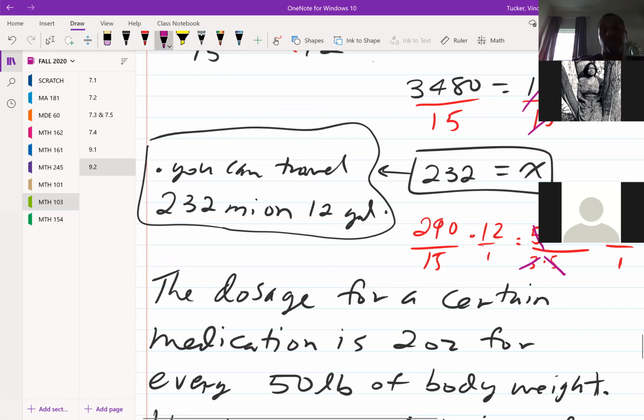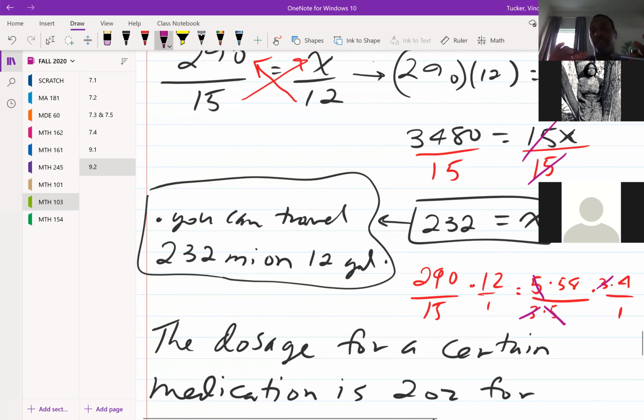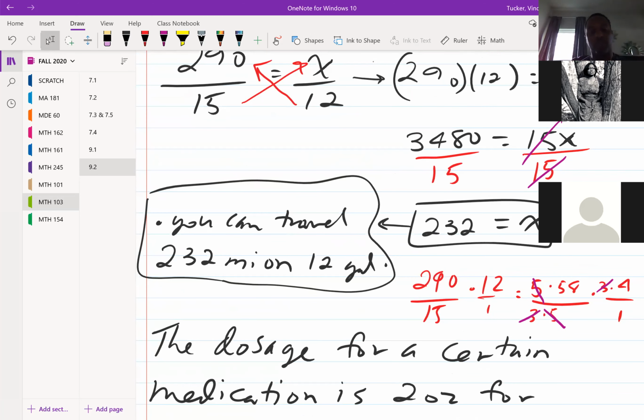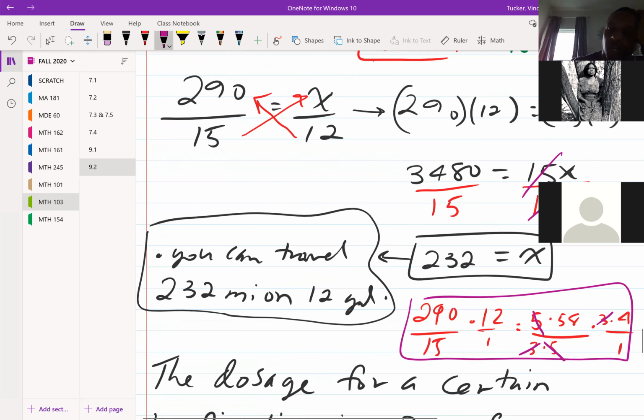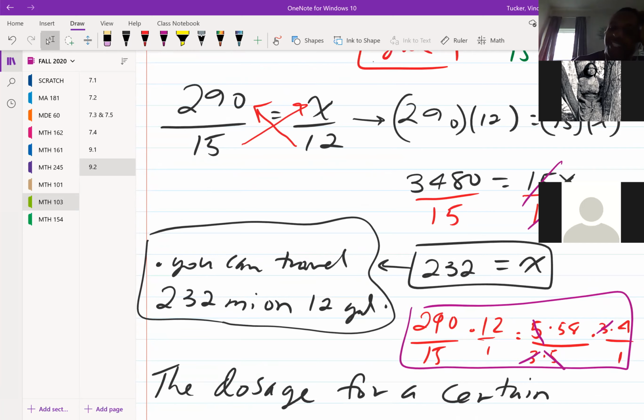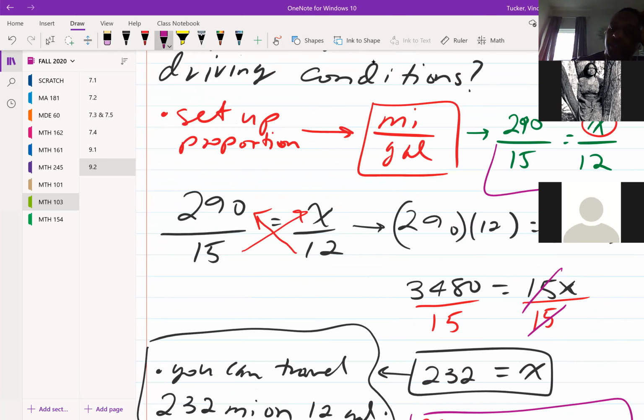So this way would actually give that process an opportunity to occur. You see what I mean? This process wouldn't occur if you divide that 290 by 15 before you multiply by 12. So like I said, doing it this way will ensure that if you're going to get the exact answer, or as close to the exact answer as possible, that you will get that.